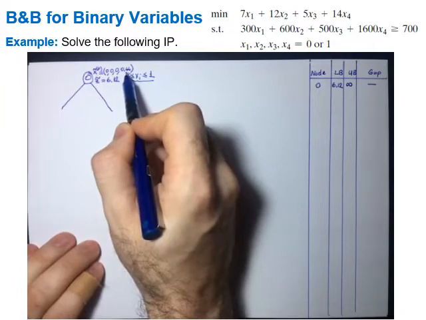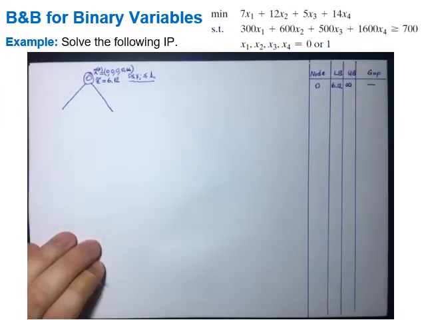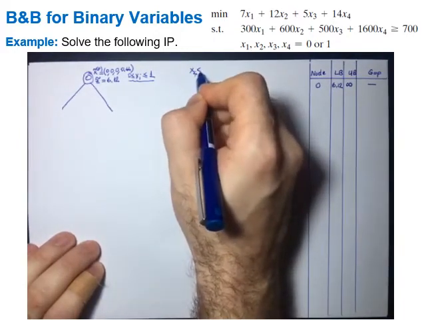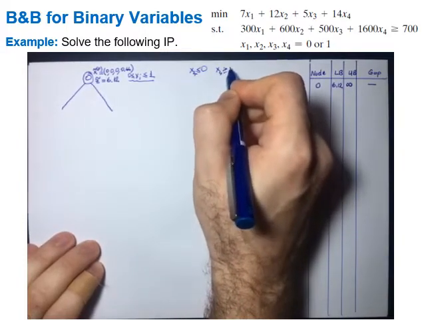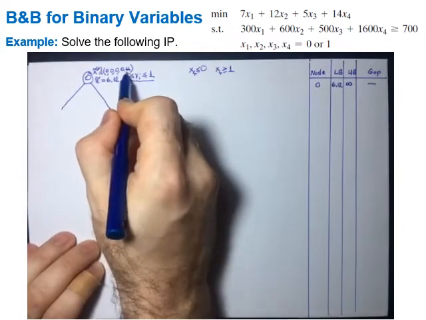And how should I branch? In the previous case, we were adding x4 less than or equal to something, and x4 greater than or equal to something. Here, I should add x4 less than or equal to 0 to one side and x4 greater than or equal to 1 to the other side, because it's in between 0 and 1.